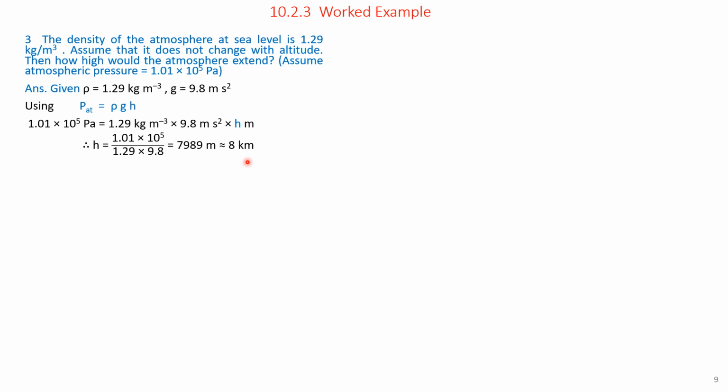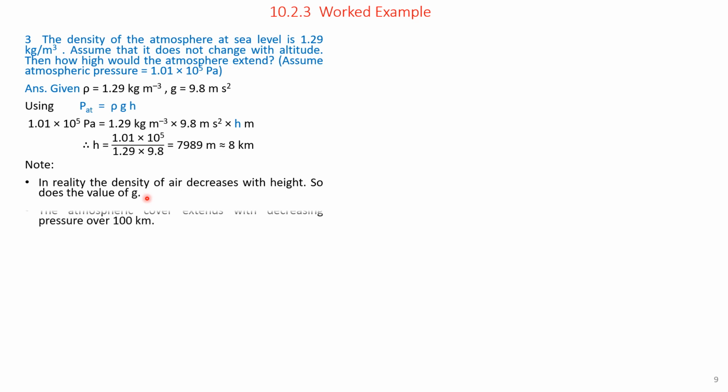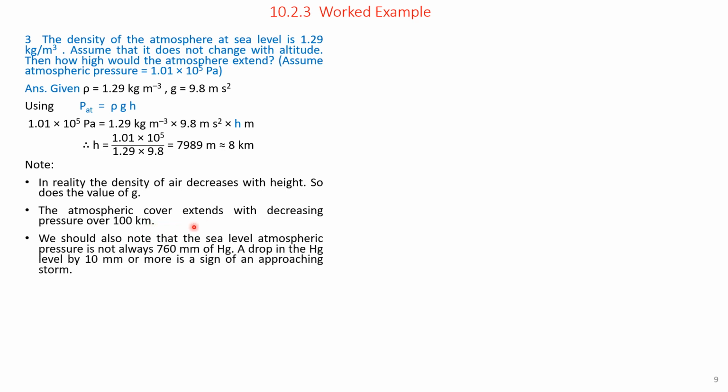We have to note certain important points in this example. In reality, the density of air decreases with height. So does the value of g. The atmospheric cover extends with the decreasing pressure over 100 kilometers.